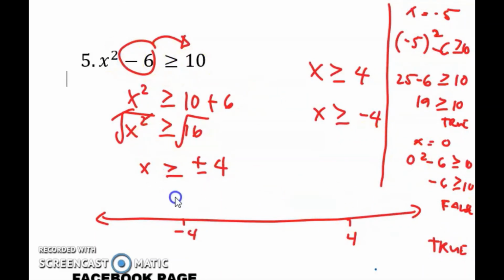So, ang ating graph, since we have here equal, meron tayong close circle and then close circle. And then, ang graph natin ay saan papunta? Okay, papunta dito, and then papunta dito. Yun, ganun lang siya kadali, ha? So, pag-aralan nyo lang mabuti, kayang-kaya nyo yan.